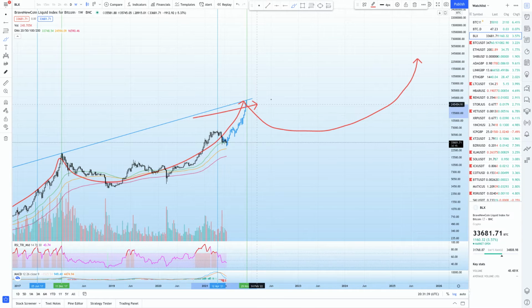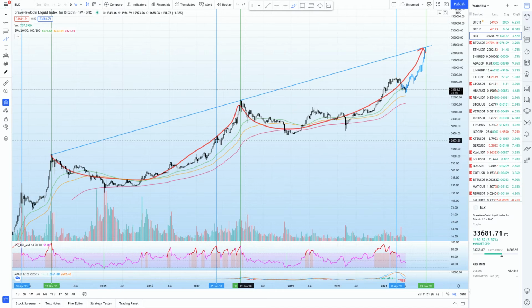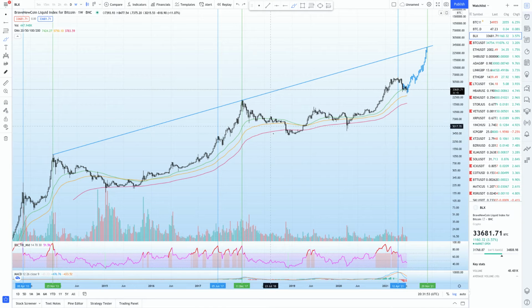So again, that line would continue upwards. We could potentially be looking at over 3 million, but as I say, I'll be happy enough just to go back to where we were there. I think that creates quite a nice little picture using that fractal to demonstrate where Bitcoin could potentially be going.